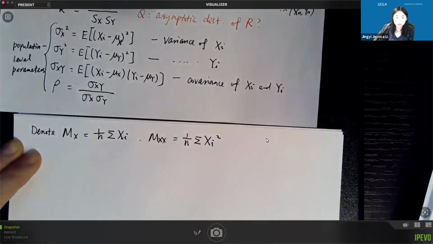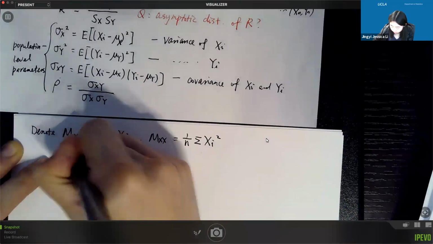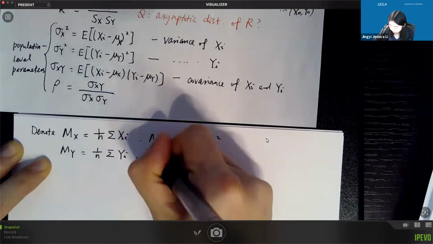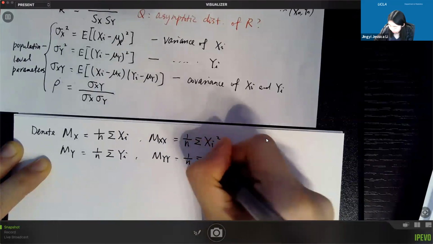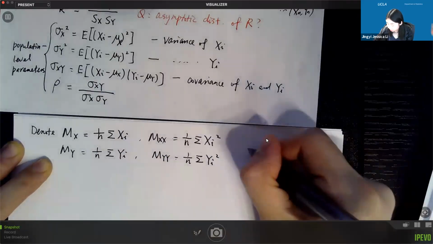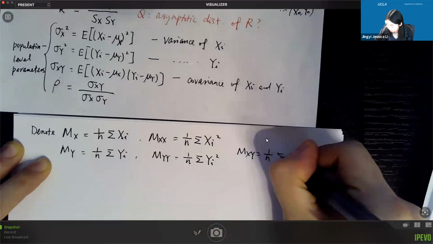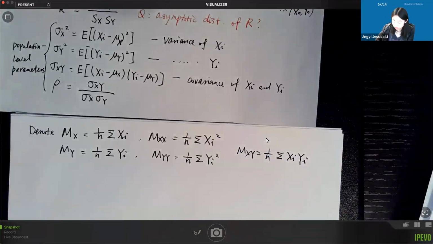In this way I also have my, 1 over n summation yi, myy, 1 over n summation yi squared. And then finally I have mxy as 1 over n summation xi yi. So I introduce those moments.